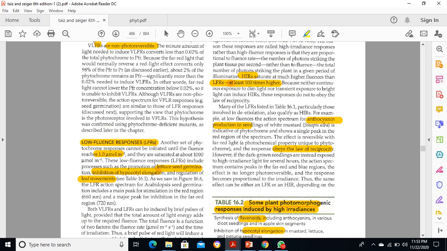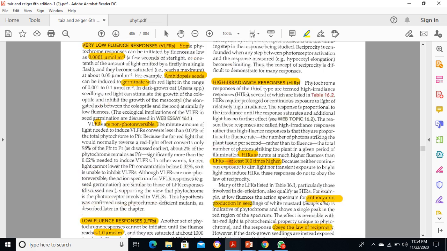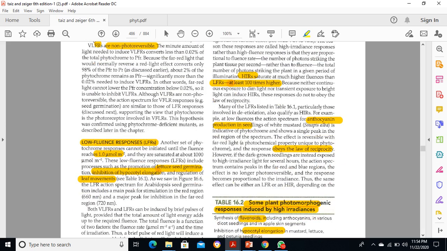Second is the low fluorescence response, where fluorescence is 1 micromole per meter square, for example lettuce seed germination. Next is the high irradiance response, that is 100 times more than LFR and VLFR, for example the synthesis of flavonoids, certain anthocyanins, etc. Here they obey the law of reciprocity.